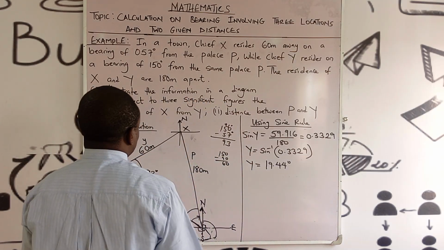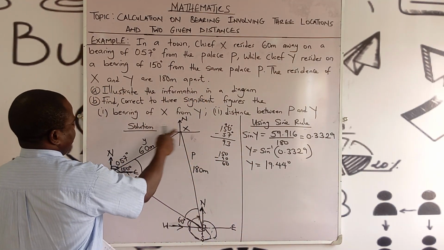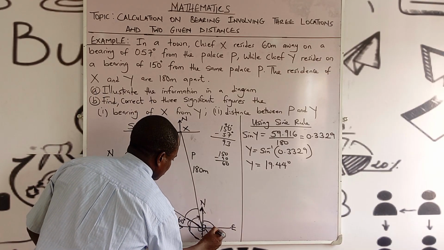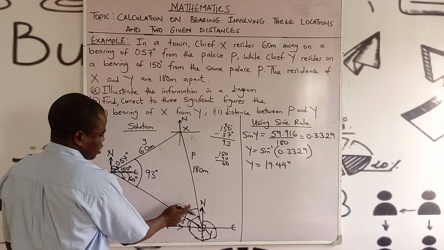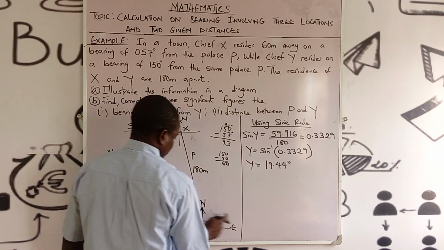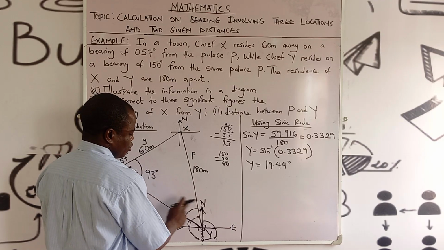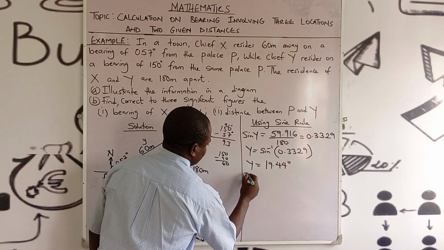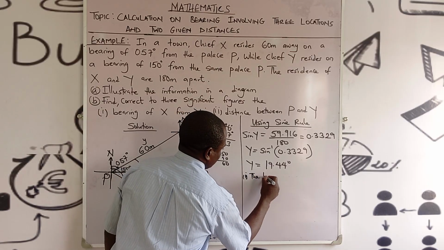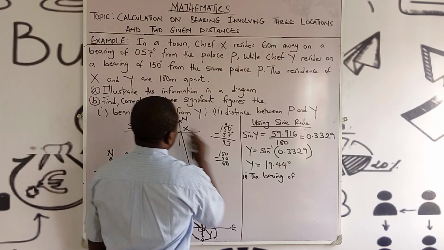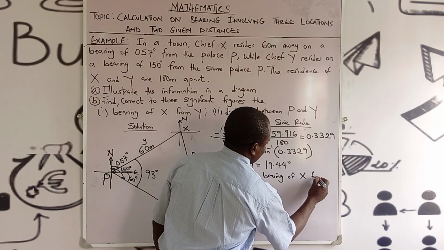Now, the bearing of x from y. We have gotten the angle y, which is 19.44 degrees. First question, the bearing of x from y.